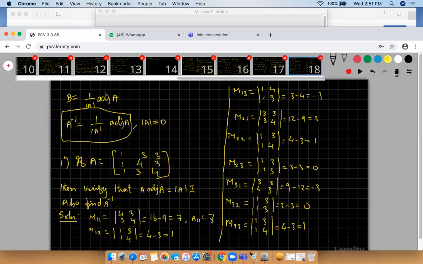So therefore, this is multiplied by plus, this is multiplied by minus, minus 1, this is minus 1. Okay, what about this A13? My A13 is here multiplied by plus, so therefore minus 1. Here A21, here multiply by minus, so therefore I am getting minus 3.